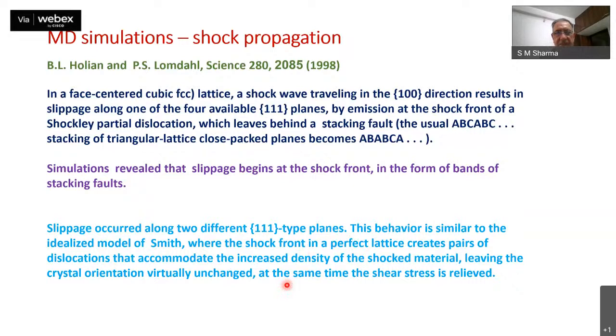Incidentally, this behavior is very similar to what has been conjectured to be happening at the shock front in a perfect lattice. That was the work of Smith, who hypothesized this is to accommodate increased density at the shock front, and at the same time, the shears are relieving the shear stress.